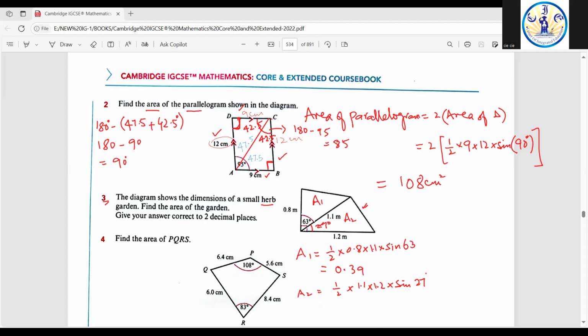And for the other one, 0.5 times 1.1 times 1.2 times sine of 27 degrees. This is 0.299.